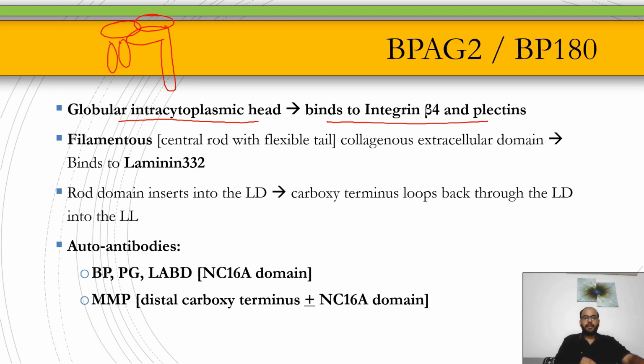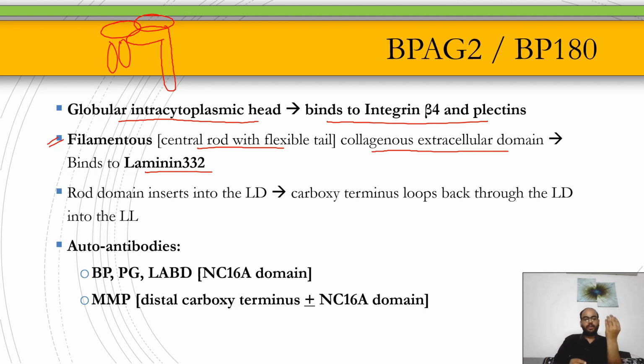The filamentous or long end, a central rod with a flexible tail, is a collagenous extracellular domain which binds to laminin 332. Now laminin 332 is present in the lamina densa, but a part of it is protruding towards the cell and attaches to the bullous pemphigoid antigen.